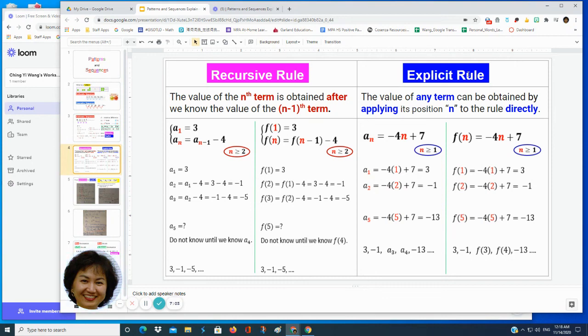This is the explicit rule. a sub n equals negative 4 times n plus 7. So if we want to find the fifth term, you just plug in n equals 5 into the formula directly. So a sub 5 is negative 4 times 5 plus 7, which is negative 13.